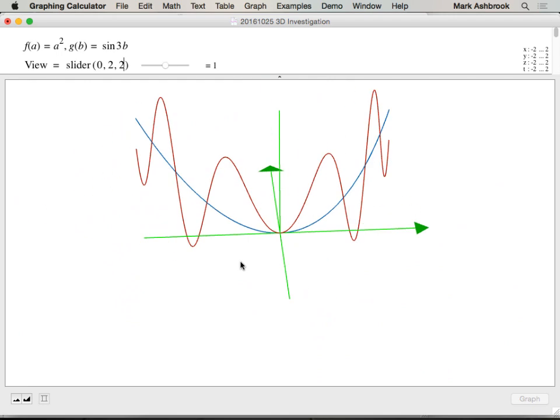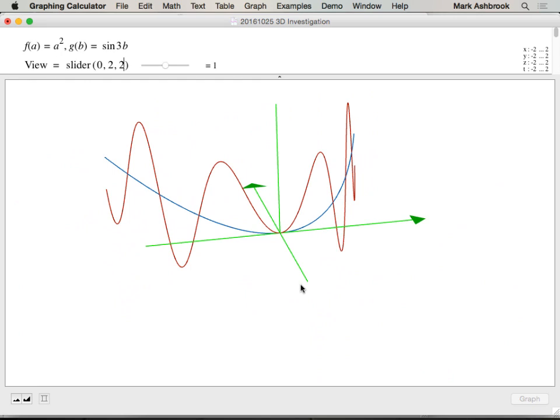Okay, so there we go. So we came up with, what was the x value we came up with? Negative square root pi over 3. Okay.